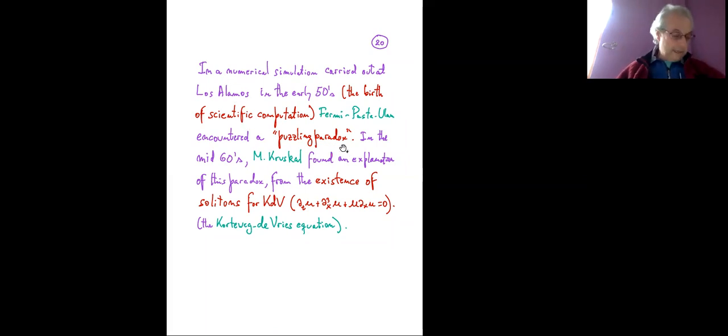I won't go into details of what this paradox is, but about 10 or 15 years later, Martin Kruskal found an explanation for the Fermi-Pasta-Ulam paradox. Fermi died without knowing the explanation. Kruskal was able to find an explanation through the existence of solitons for the Korteweg-de Vries equation, which is this one-dimensional equation that governs the motion of water waves in shallow channels.